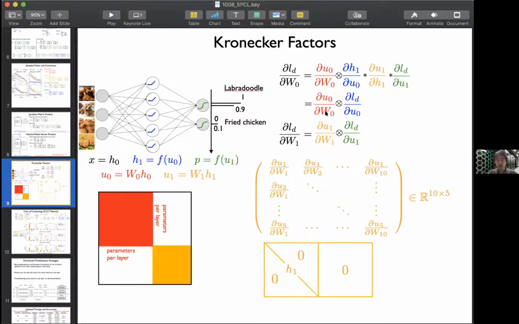And the reason is very simple. If you look at, for example, this second layer, and you look at this derivative, U1 and W1, it forms a Jacobian matrix that looks like this, okay?